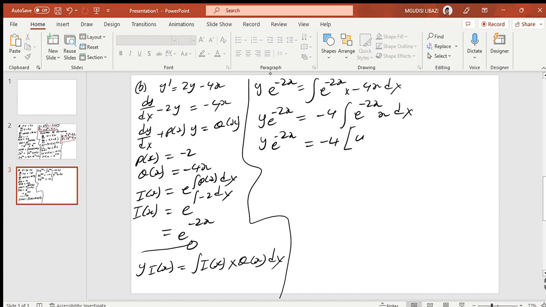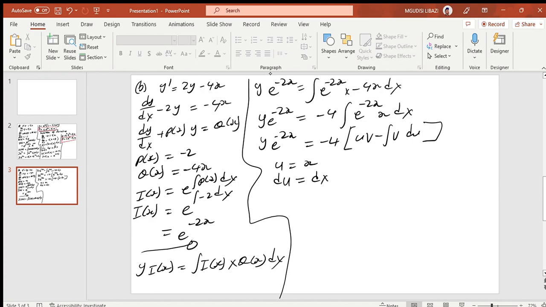into uv minus integral of v du. Now our u is equal to x, so that our du can be equal to dx.